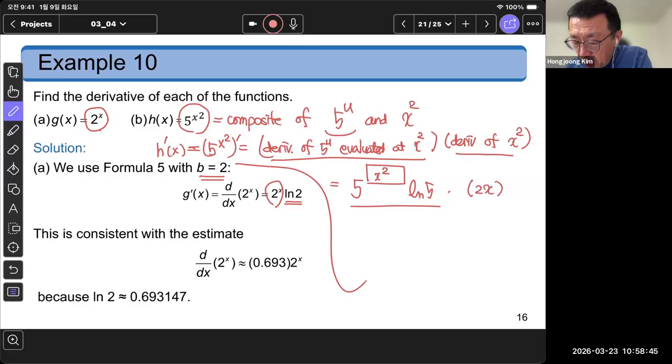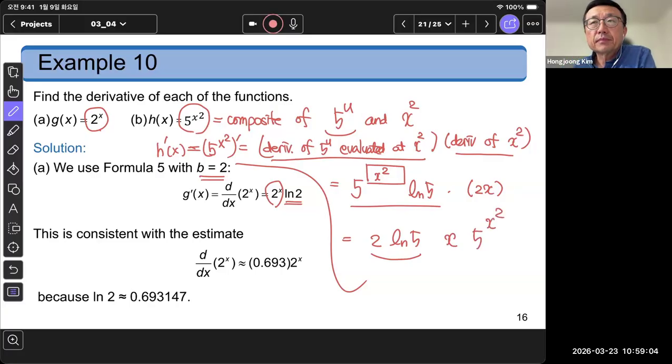Okay, so the derivative of h of x will be 2 times ln 5 times x, this is a constant, and then 5 to the x squared term. Okay, so this is your final answer as the derivative of h of x.